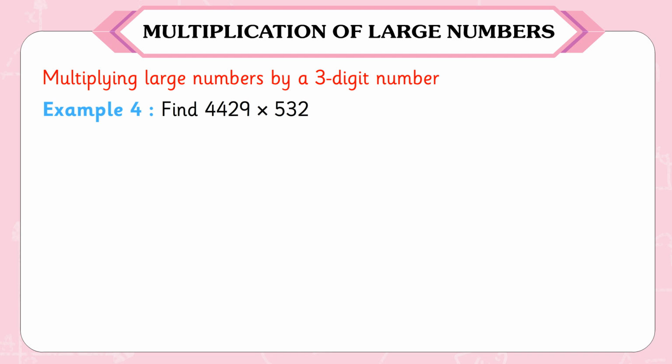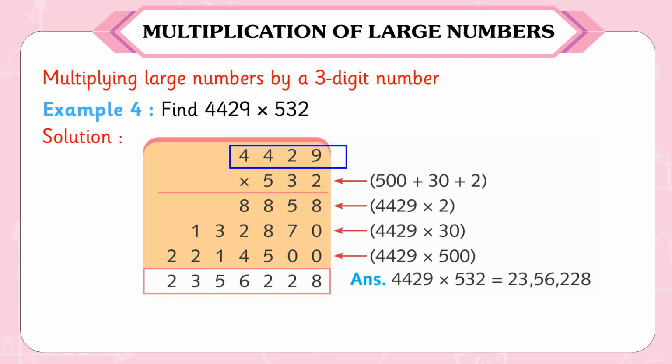4,429 into 532. Solution. 4,429 into 532. 532 is 500 plus 30 plus 2. 4,429 into 2 is 8,858. 4,429 into 30 is 1,32,870. 4,429 into 500 is 22,14,500. Add: 23 lakhs 56,228.